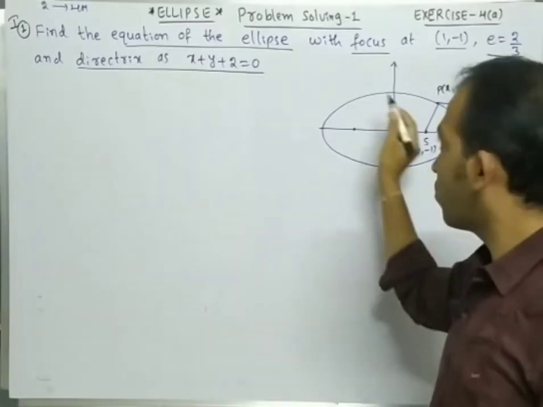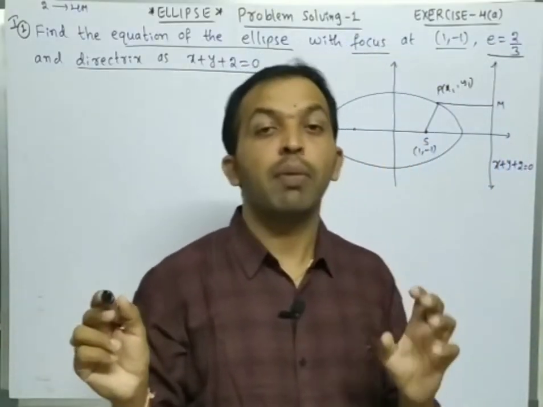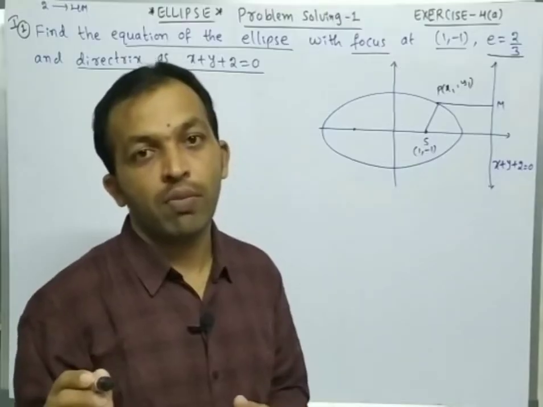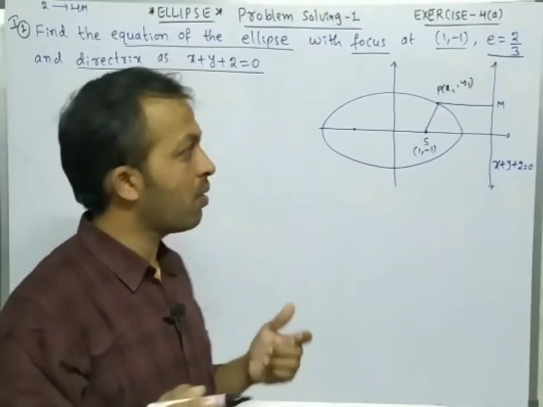Now we have to find the equation of the ellipse by using the main definition. What is the definition of the ellipse? SP by PM is equal to e. From that we can derive this.